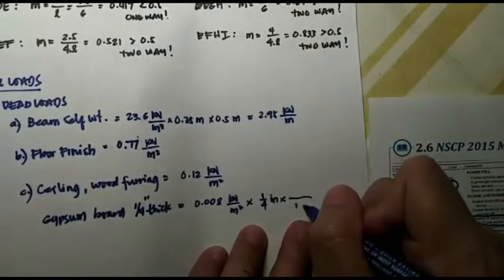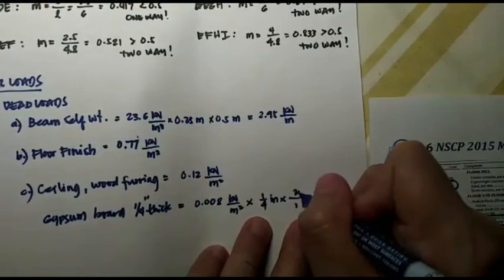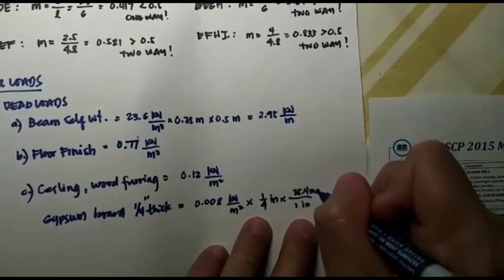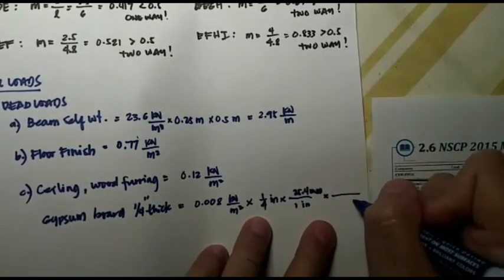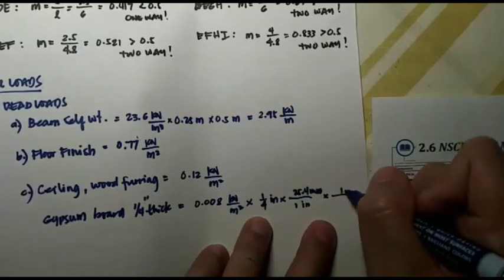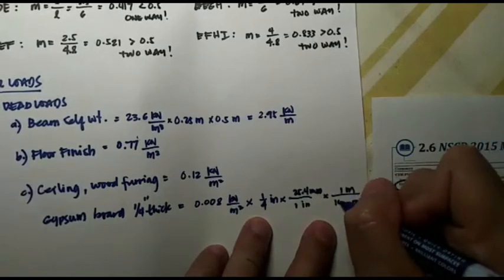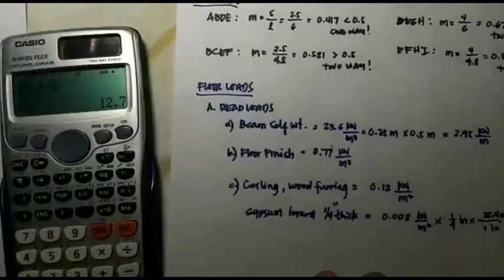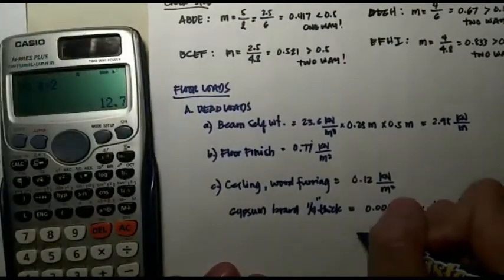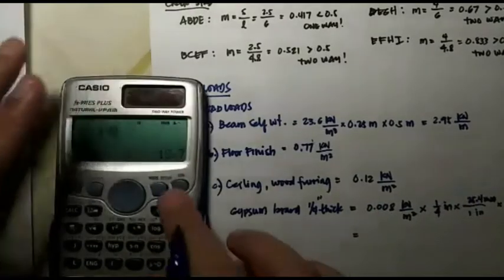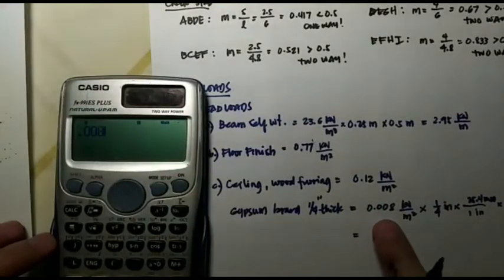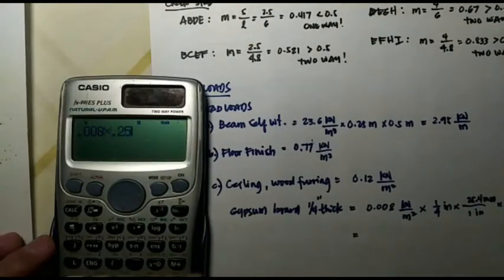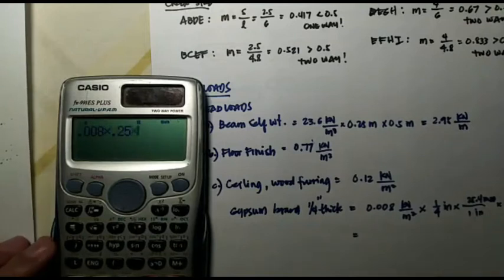So 1 inch is 25.4 millimeter. Tapos 1 meter is 1,000 millimeter. So 0.008 times 1/4 times 25.4 divided by 1,000.